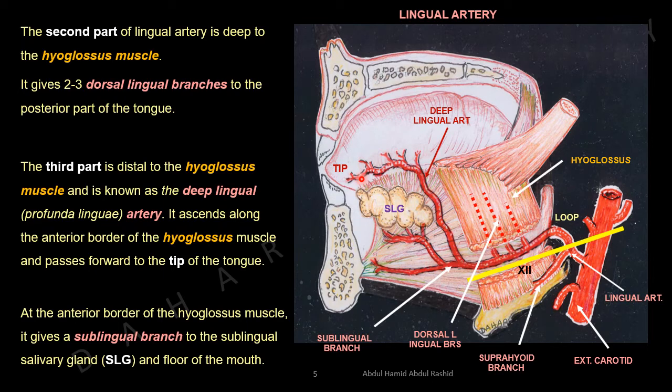It ascends along the anterior border of the hyoglossus muscle and passes forward to the tip of the tongue. At the anterior border of the hyoglossus muscle, the lingual artery gives a branch called the sublingual branch to the sublingual salivary glands, SLG, and floor of the mouth.